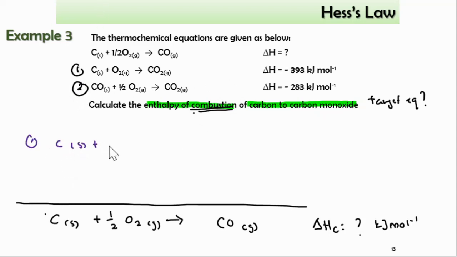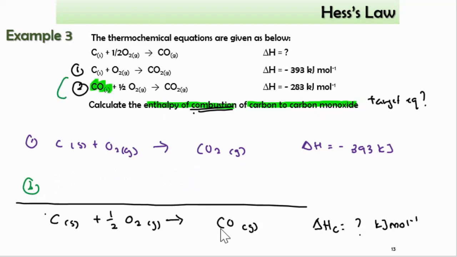Okay, so just write all the information. Okay, sama juga. Kalau ada reverse ataupun darab factor, delta H pun akan berubah. So the second equation you need to reverse it.